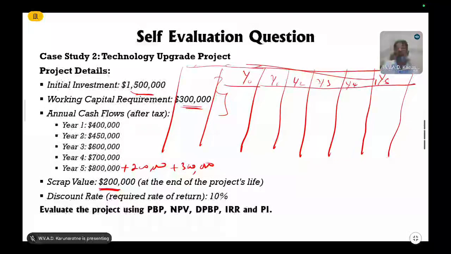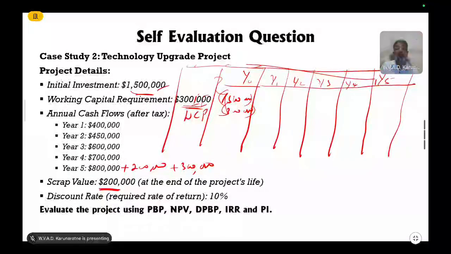In this way you have to prepare the cash flows, right? Then the initial investment, you know that initial investment is given as 15 lakh. Then the working capital requirement, 300,000.